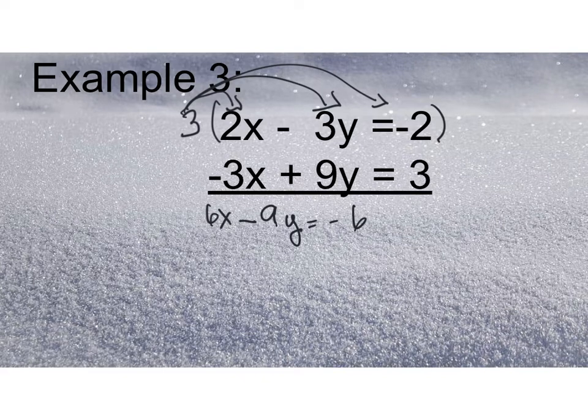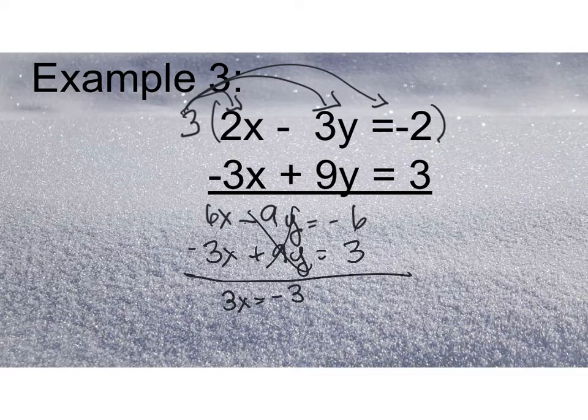And then we're just going to bring this down, negative 3x plus 9y equals 3. Note that you can see right away that the negative 9y plus a positive 9y are going to cancel. 6 minus 3, that's going to end up with 3 x's. Negative 6 plus 3, that's going to equal negative 3. So then you'll be left with x equals negative 1.